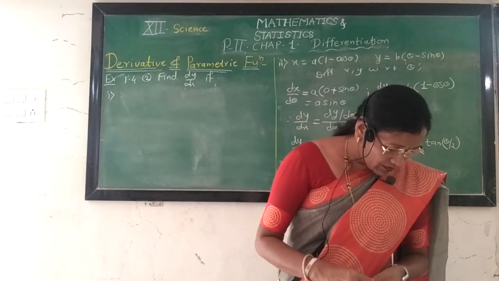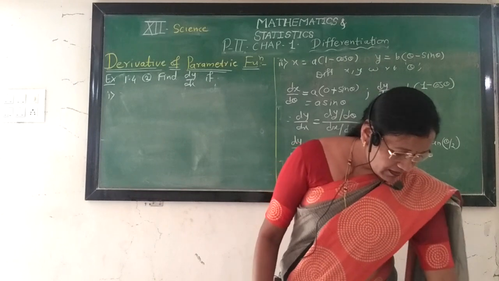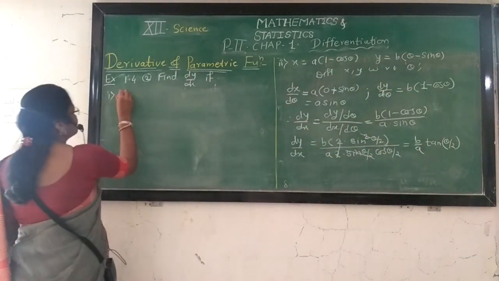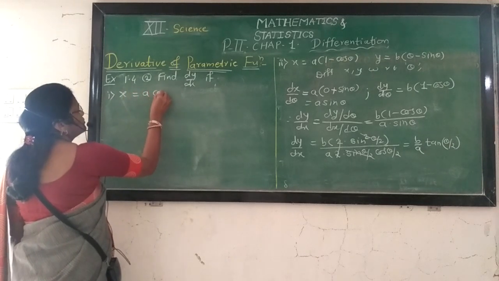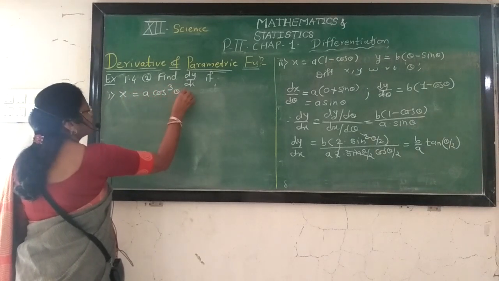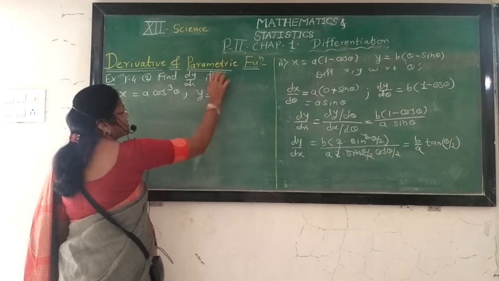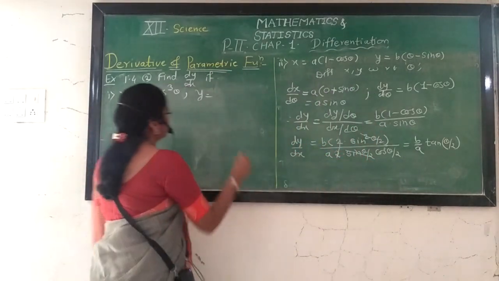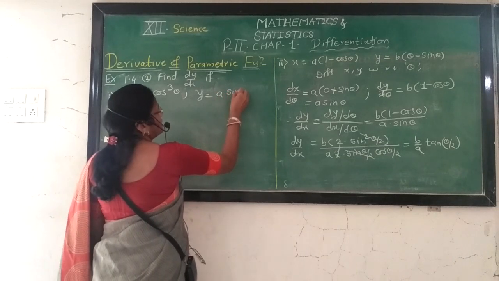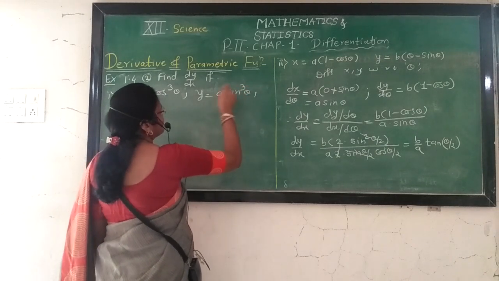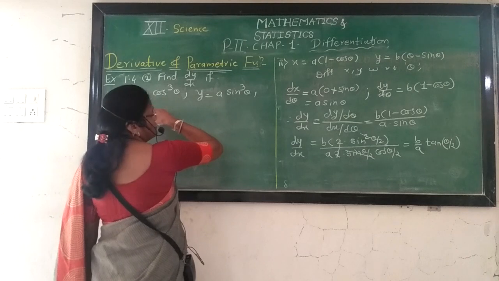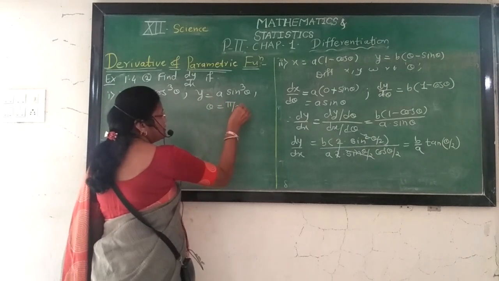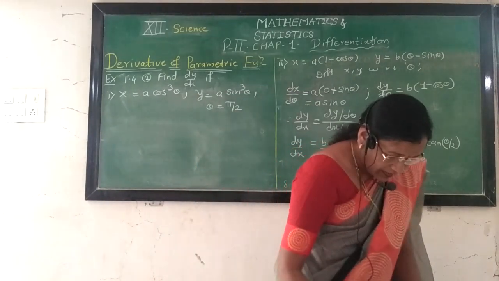Now here we take one example: x is equal to a cos cube theta, and y is equal to a sin cube theta. Find dy by dx if this x and y are given to you, and theta is also given, that is pi by 6.